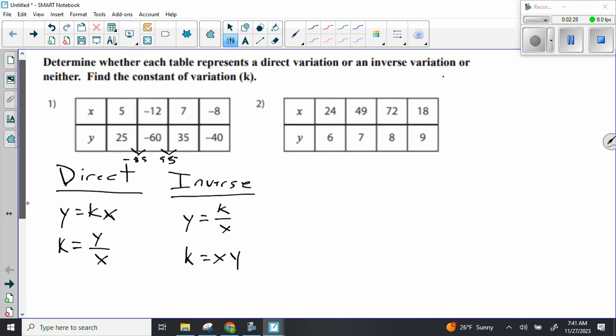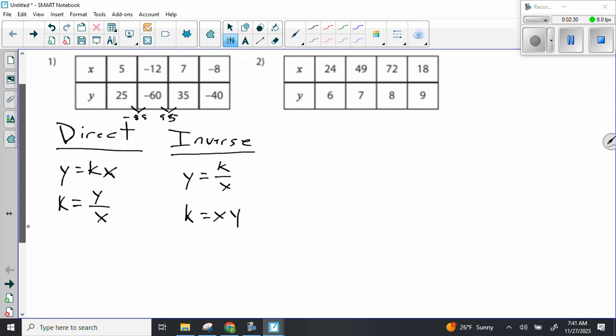Okay, so let's check number one for direct variation. I can see 25. We're going to go y over x. We don't know what k is, and we know x is 1, so we have that k is 5.